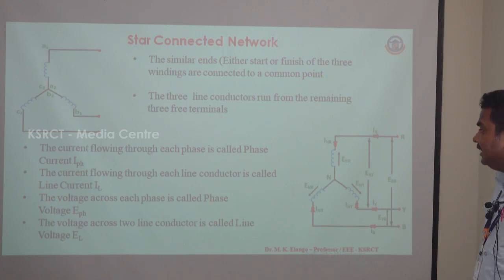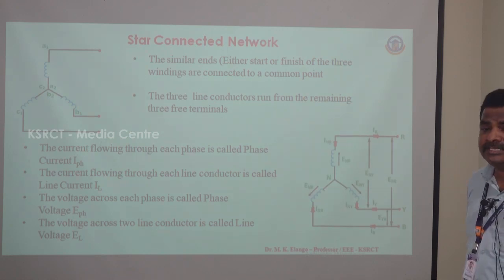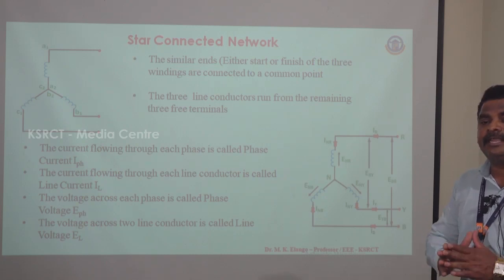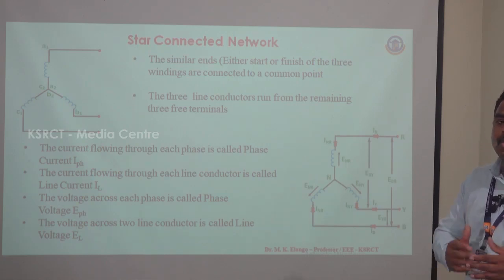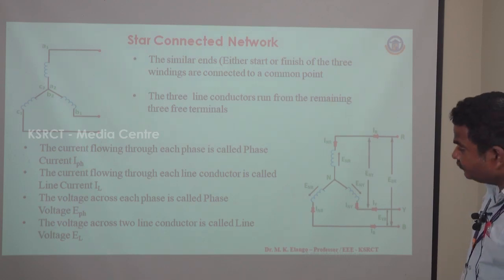The voltage across each phase, that is, R phase to neutral, gives the phase voltage. And the voltage across any two lines, R to Y, Y to B or B to R, gives the line voltage, right?